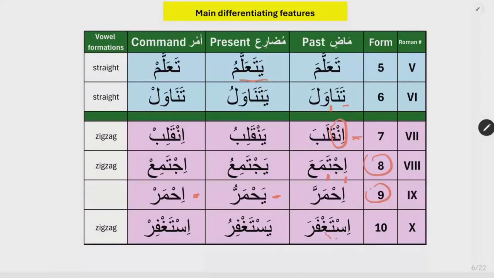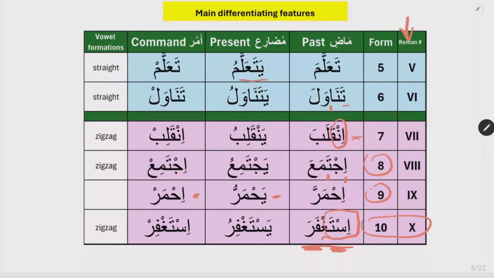Istaghfara, alif sin ta, the longest verb that you can see here. There's 3 letters before and the 3 root letters. So it's a 6-letter verb. Unlike anything else we've studied before, here it's 5 letters or 4 letters, whatever, but this is the longest verb and this is the longest number as well, 10. Right? Istaghfir. I did tell you about the Roman numerals.